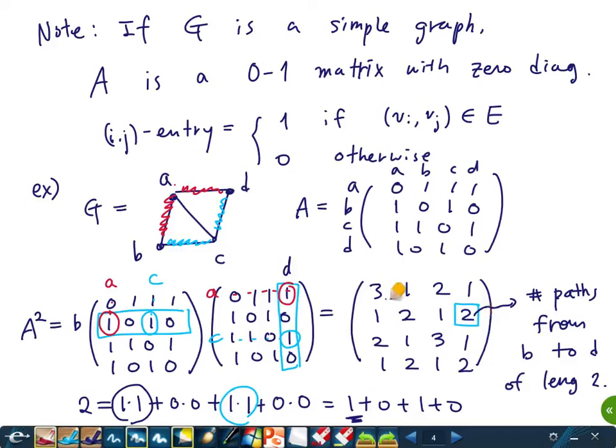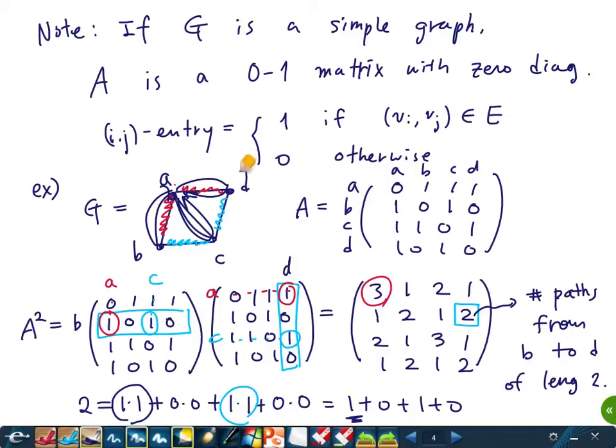So for instance, let's look at this part. This means there are 3 ways to go from A to A by visiting one more vertex, or by using a path of length 2. How can you do that? Here you can go this way, or this way, this and this, and this and this.